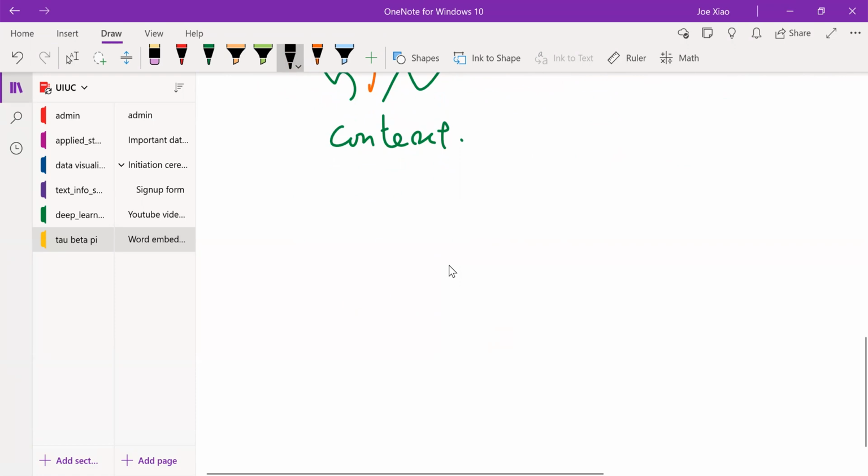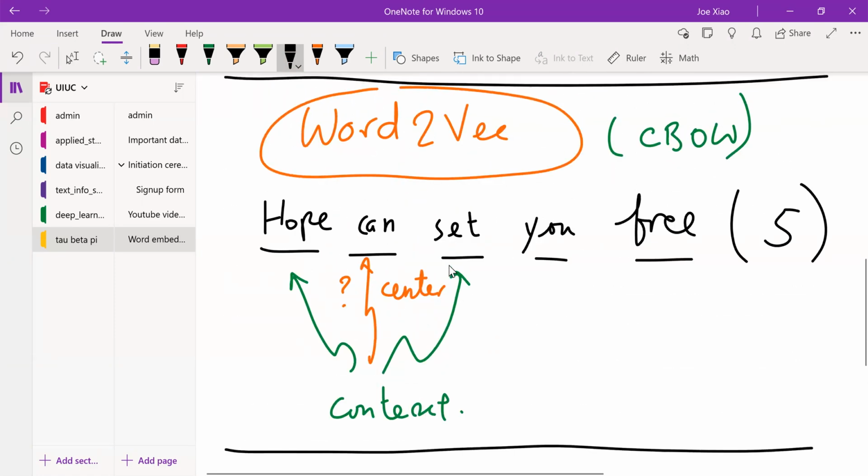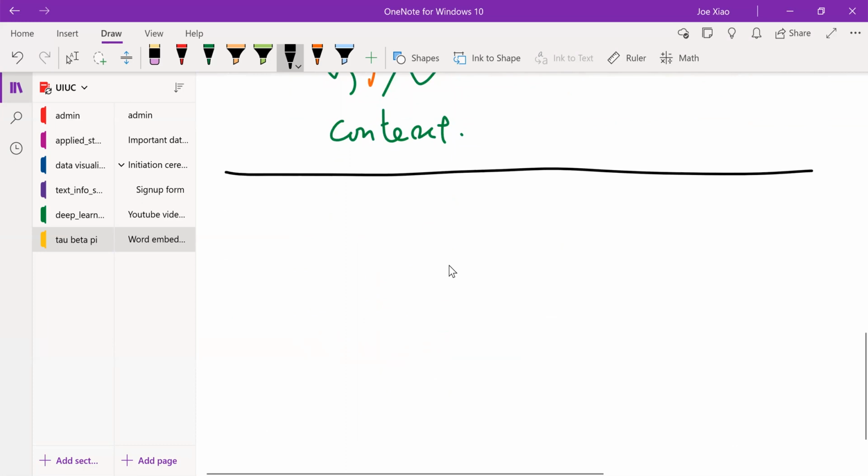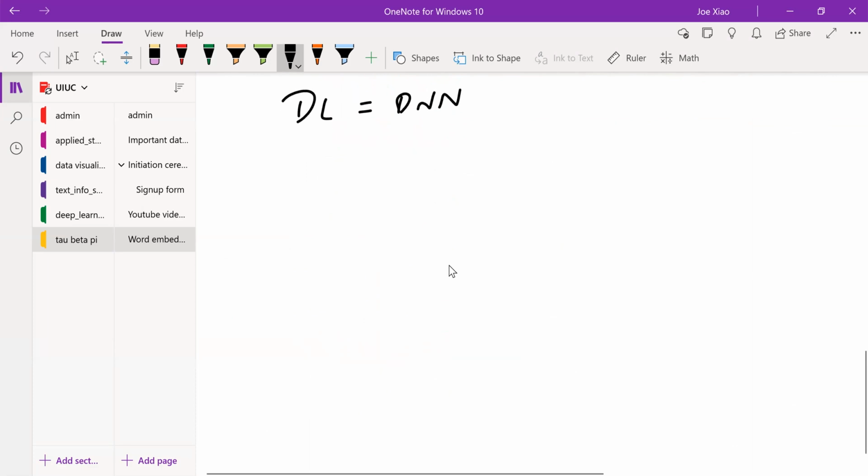This is how the algorithm works, and word2vec here is actually a deep learning algorithm. So deep neural networks. This is a deep learning application. So what do we do here?